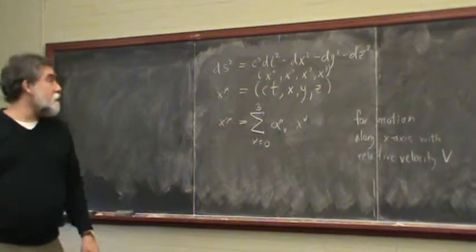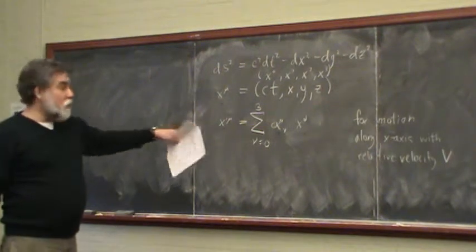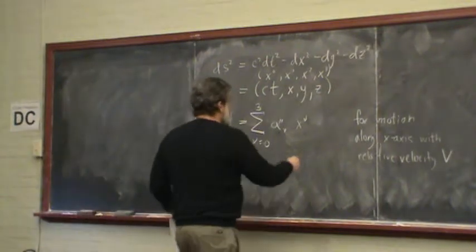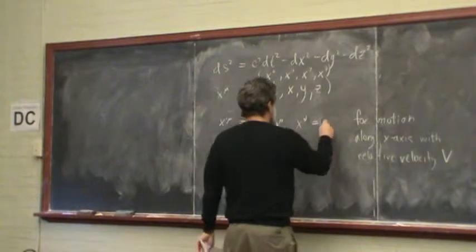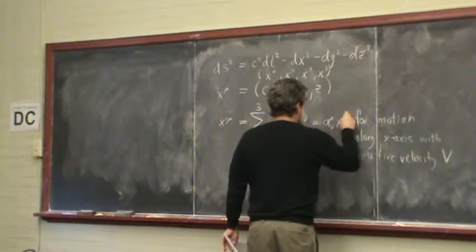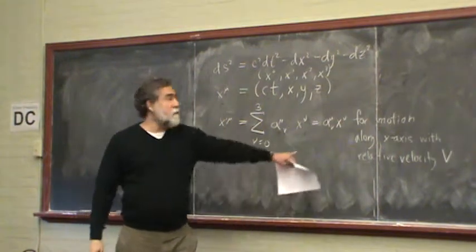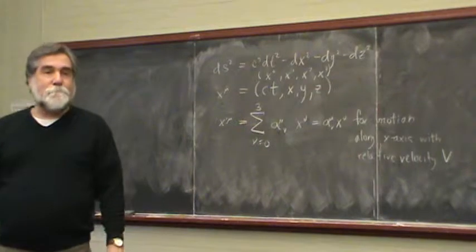Yes, thank you. I've just written it all out here, but in the Einstein notation this would look like this: A mu, mu, x, mu, because you sum over repeated indices. Okay?